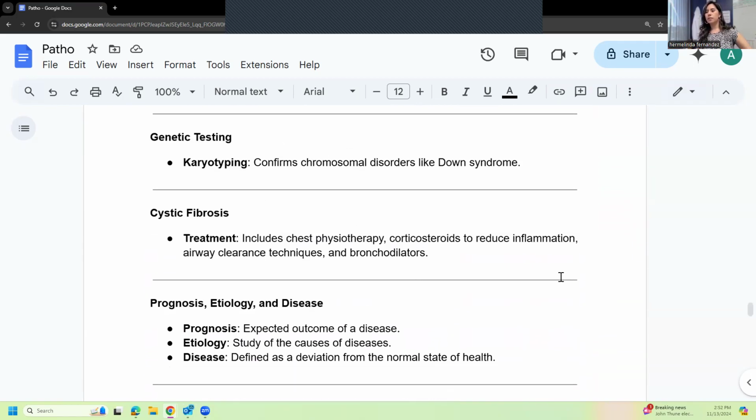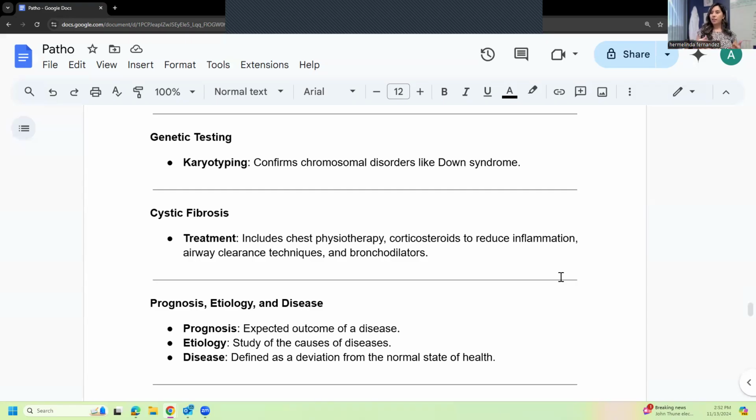And a little bit more: cystic fibrosis would include chest physiotherapy, corticosteroids to reduce inflammation, airway clearance techniques, and also bronchodilators.